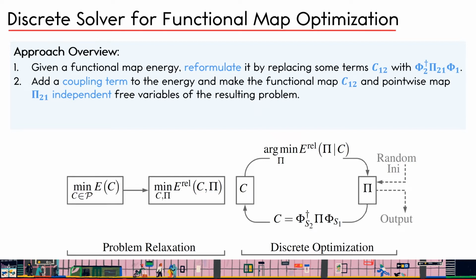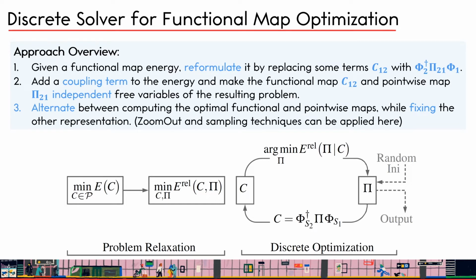During the reformulation and adding the coupling term, we make the functional map and the pointwise map free variables of the resulting problem. We can then alternately solve for the pointwise map and update the functional map from the pointwise map to make it proper. Note that in the last step, we can also apply zoom out and sampling techniques to further improve the efficiency and accuracy.